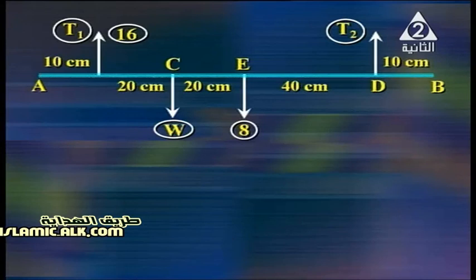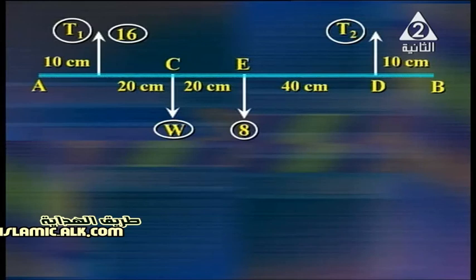Remember, we have weight W acting at point C, at 20 centimeter from E. Remember, the distance between E and C is 20 centimeter. The distance between T1 and A is 10 centimeter.